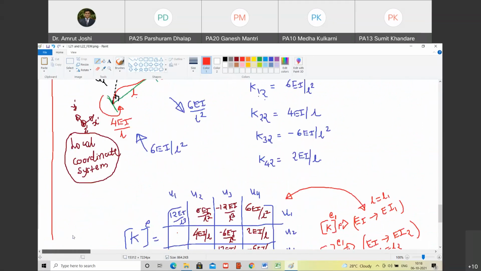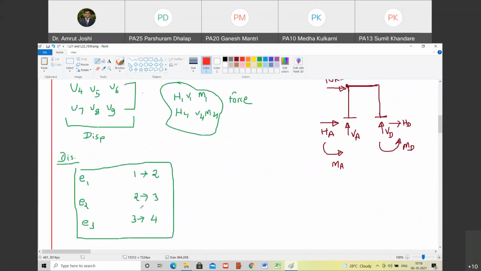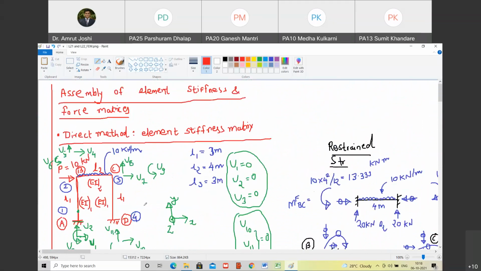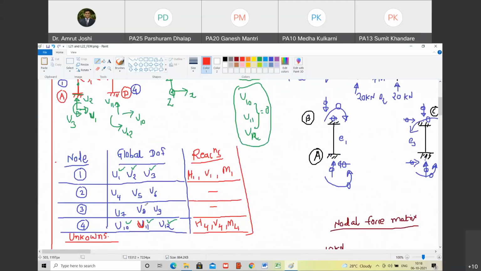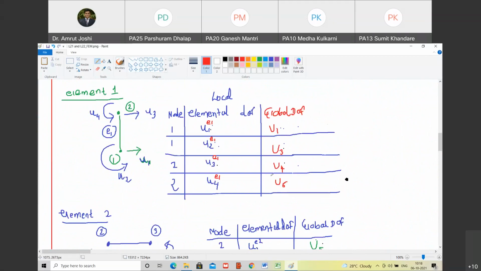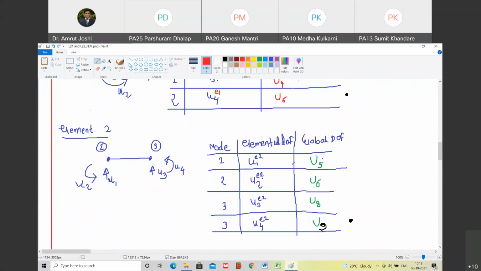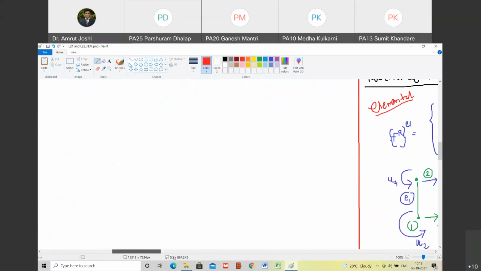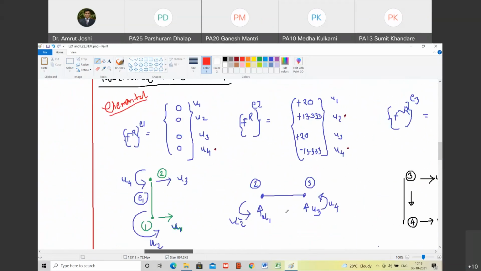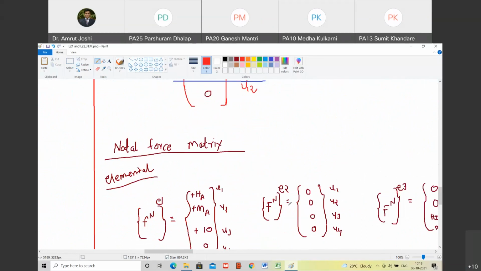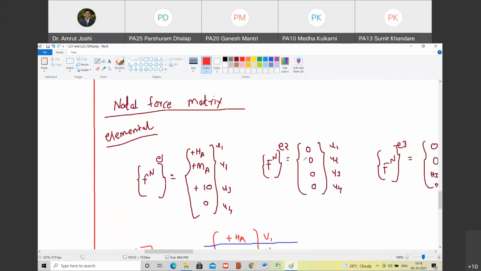Yes, sir. Second element. U5 is a part of second element, first degree of freedom. So let us have a look at second element, first degree of freedom. 0.